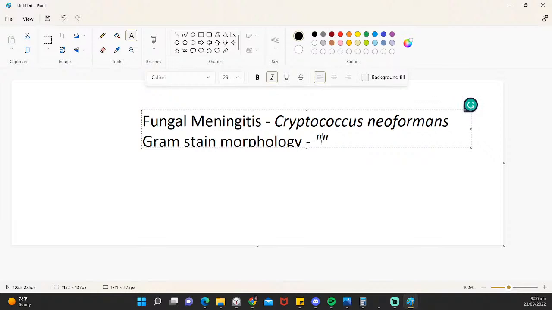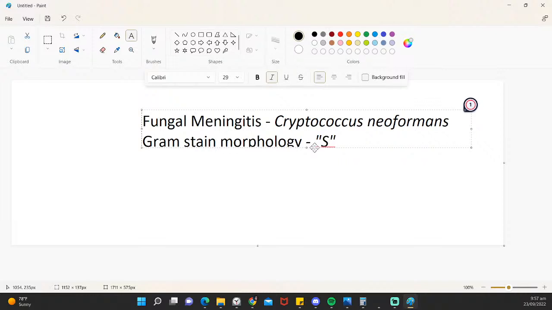I'll give you an example of morphological structures, okay? What do you call this? Vibrio cholerae, comma bacillus. Yersinia pestis, safety pin bacillus. Haemophilus influenzae, school of fish. These are morphological structures. So I'm looking for the morphological appearance.